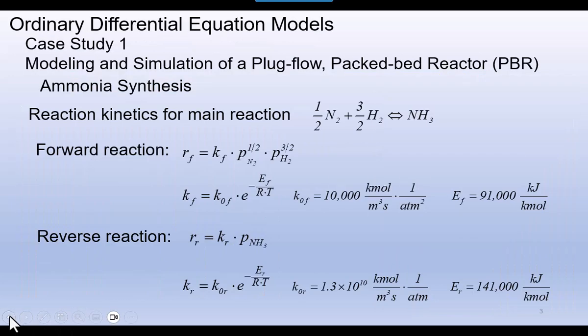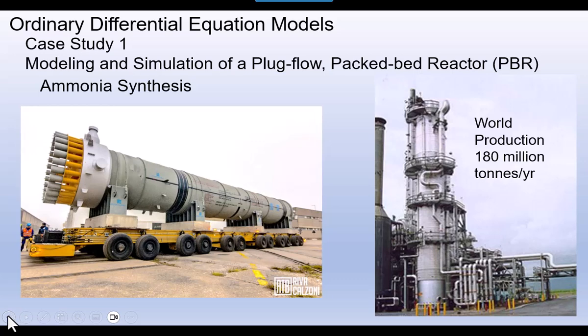So to start out with, we're going to be looking at ammonia synthesis, and we've shown here a couple pictures of a packed bed ammonia reactor. It's got an iron-based catalyst in it, and one is being brought to a construction site.